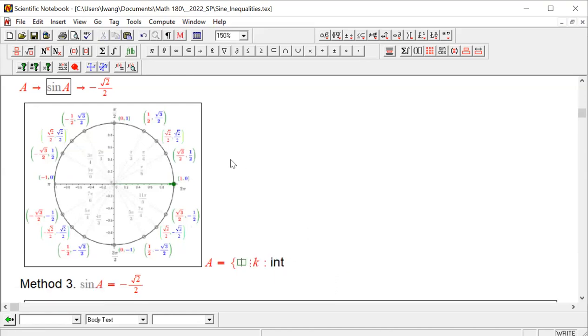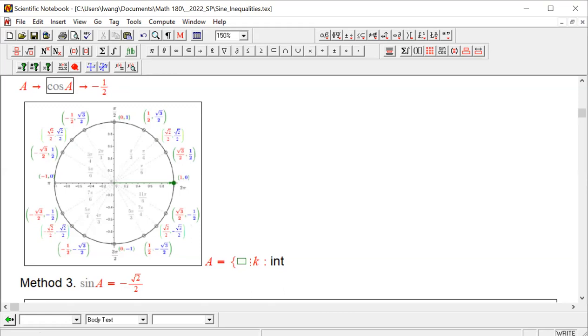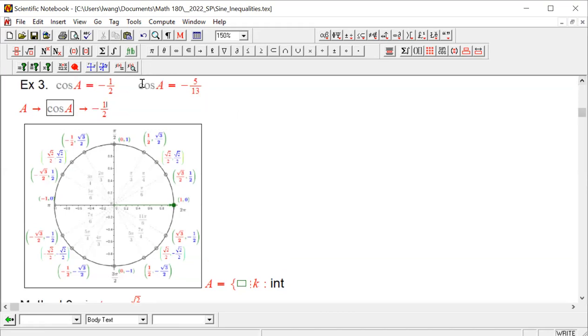Remove these, and we'll come back to it. And of course, it is a cosine, and this time it's -1/2. Okay, and the next one, we're going to do the non-special one.